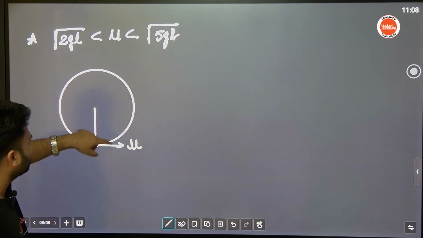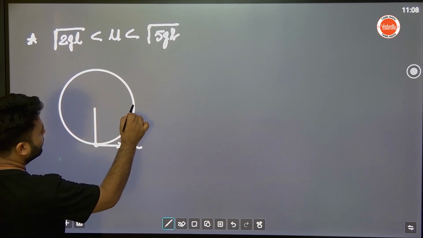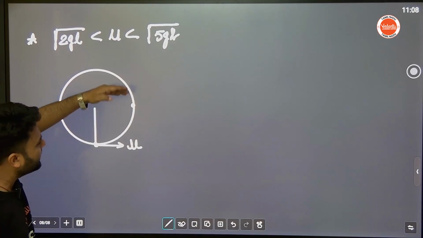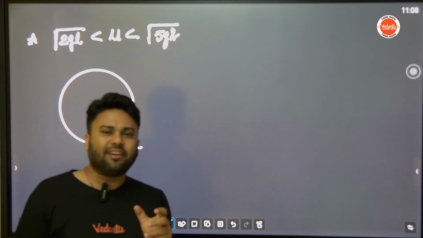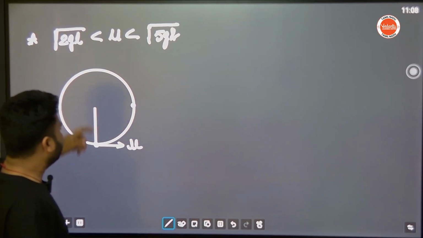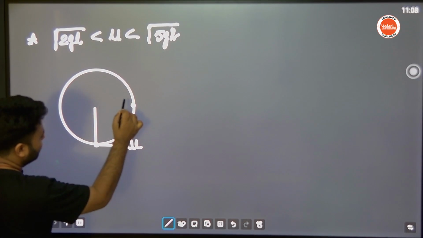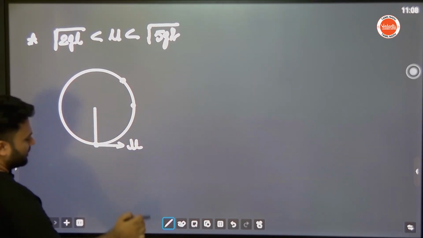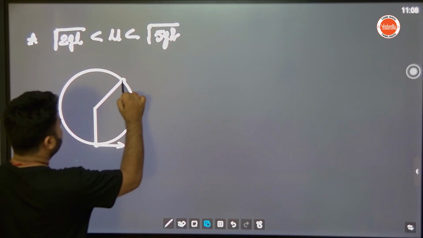So root 5 GL is required to complete the circle and root 2 GL is required to reach here. But you are giving more than root 2 GL, so it will go above this point. But you are giving less than root 5 GL, so it will not complete the circle. So what will happen? The ball will go like this, like this. And at a certain point, at any point, suppose here, the ball will reach till here.